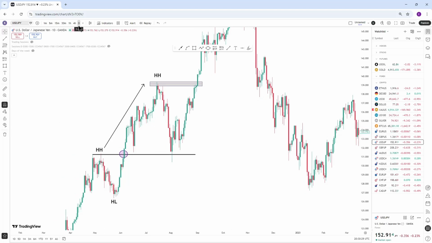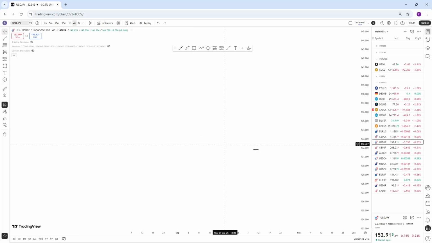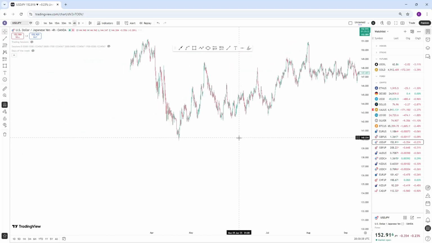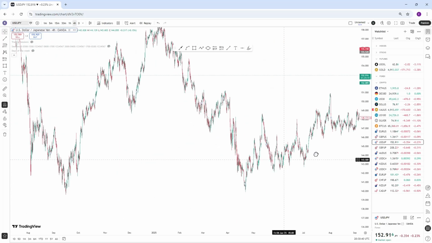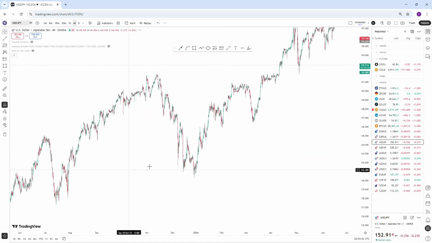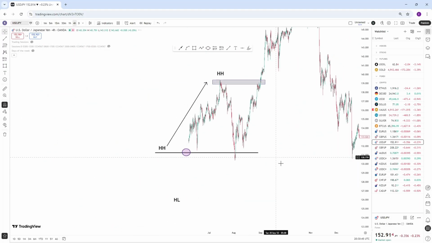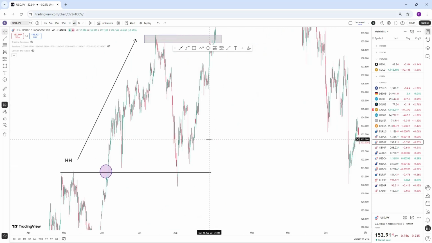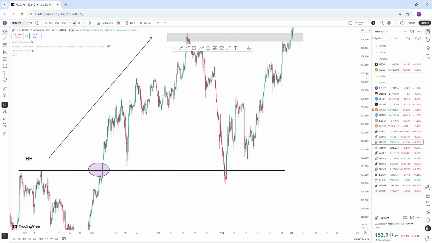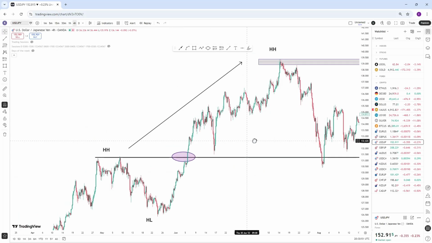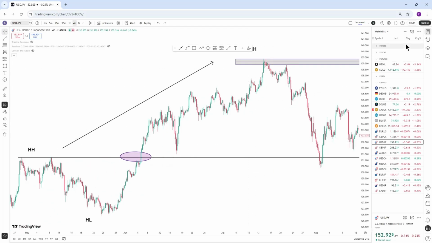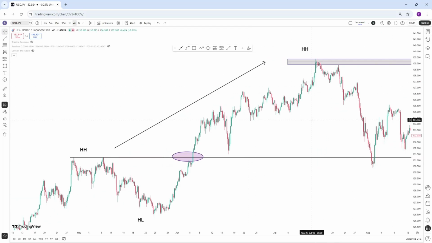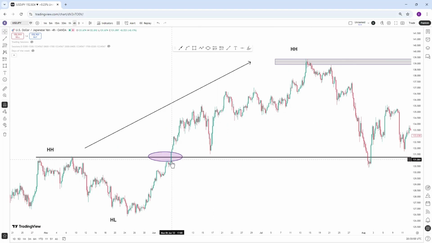You see, I'm on a daily time frame. I'll go onto the 4 hour. Where's the move? Right here. What can you see from here? Indication.